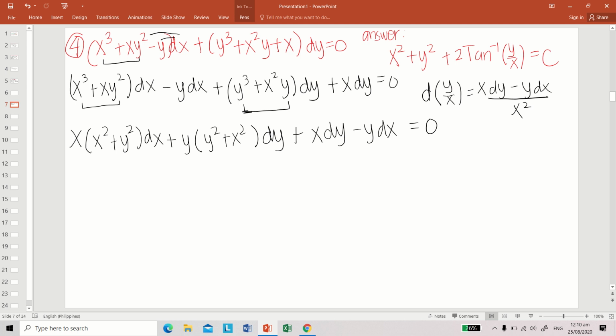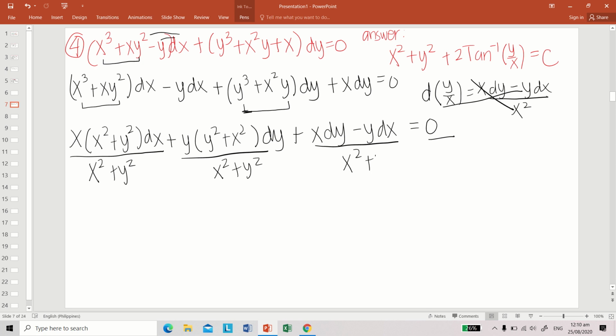So first I'll just divide it by, we will divide it first by x squared plus y squared. Sorry, we will not use this one. So we will have x squared plus y squared, x squared plus y squared, and then x squared plus y squared. So x squared will cancel out on the first term.